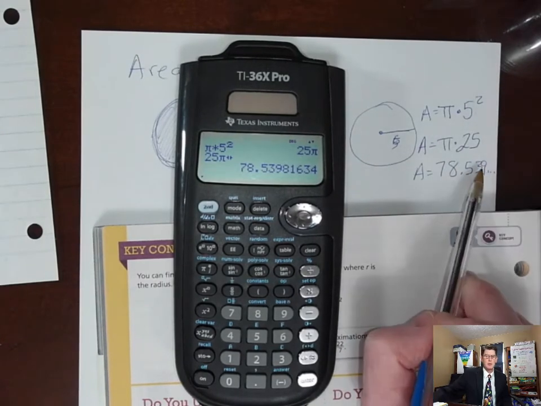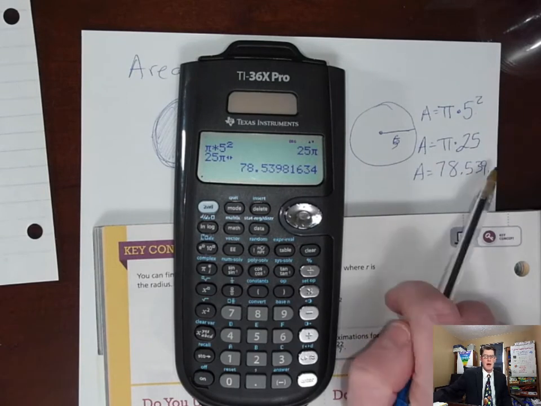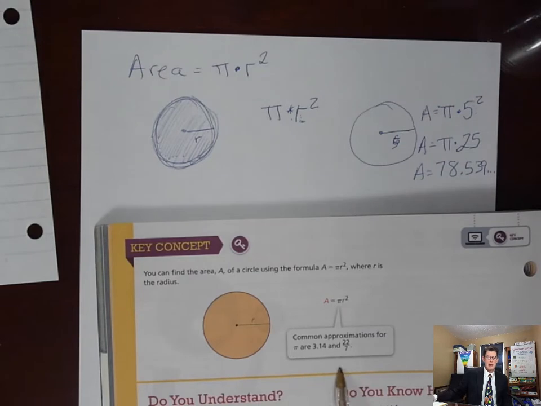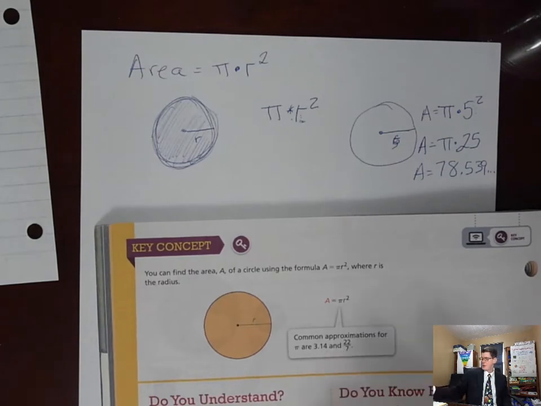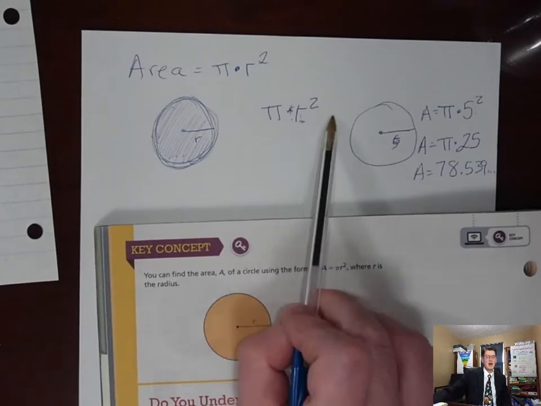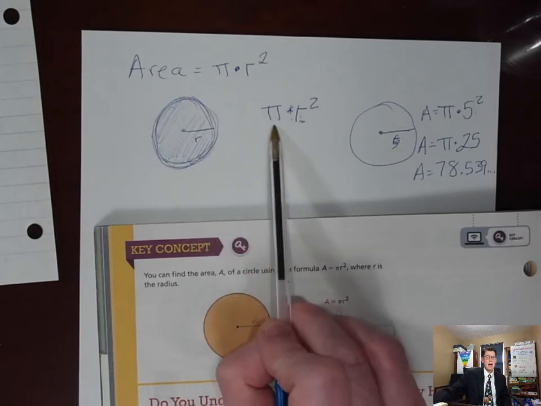Different teachers will tell you to round different amounts, but we know it's about 78. They've reminded us here in the book that pi can be 3.14, 22 sevenths, sometimes 3.1, getting a close number. That's the only thing you need to know for today, pi r squared.